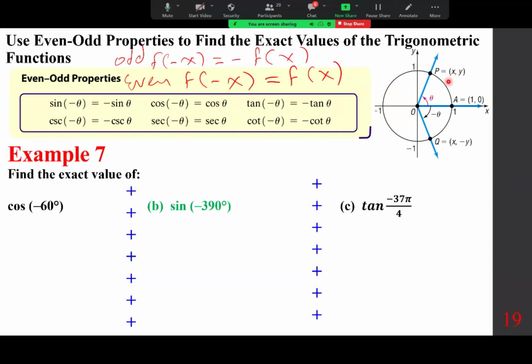Because the first and the fourth quadrant, the x is positive, which is the cosine. So whether we go with theta or negative theta, we have the same x. Okay, so that makes it an even function. So cosine of minus 60 is the same as cosine of 60, making it 1/2. We should know it's 1/2, by the way.